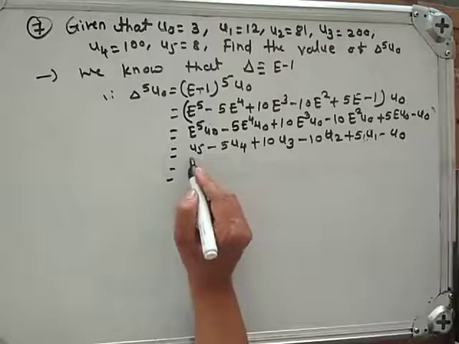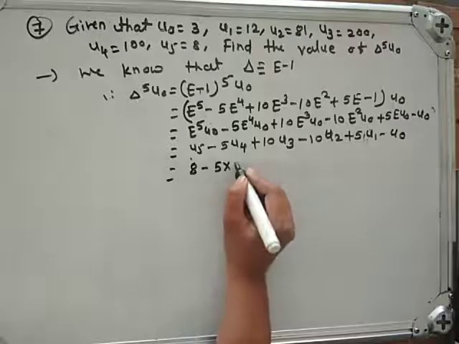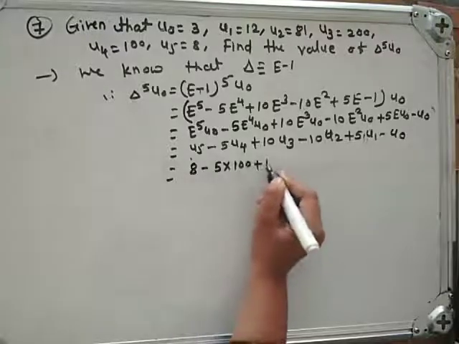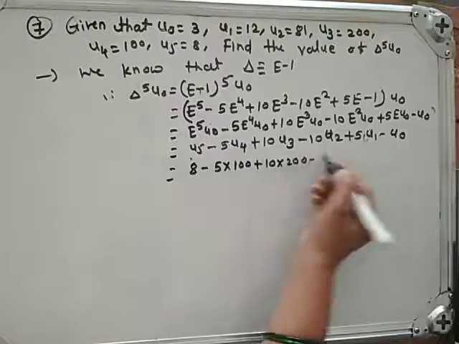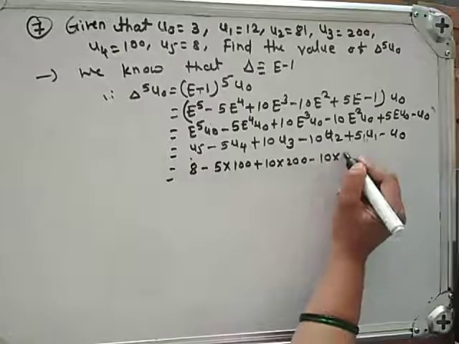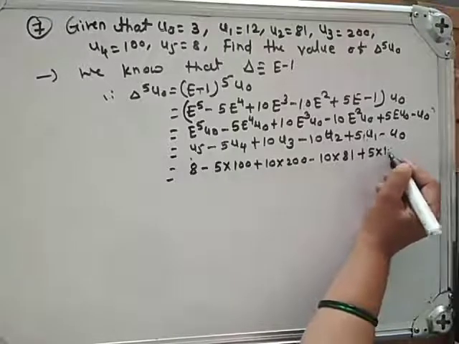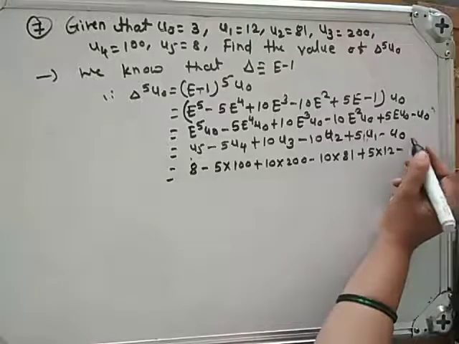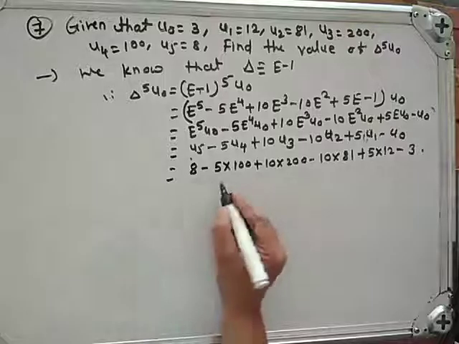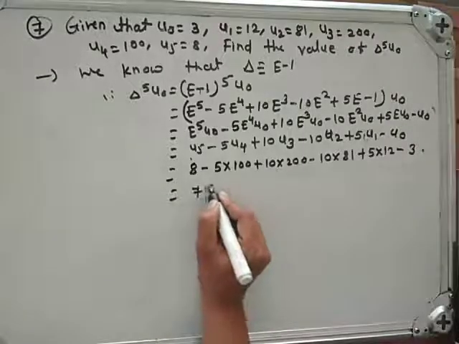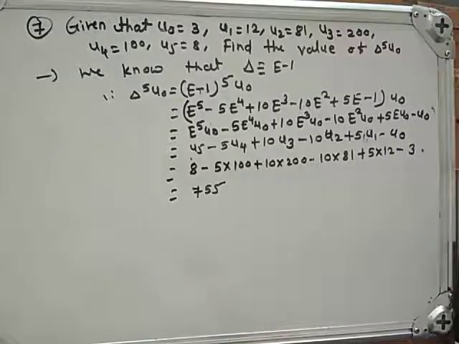Here u5 is 8 minus 5 into u4 is 100 plus 10 into u3 is 200 minus 10 into u2 is 81 plus 5 into u1 is 12 minus u0 is 3. Okay, after simplifying this we get 755. Okay, we will stop here. Thank you.